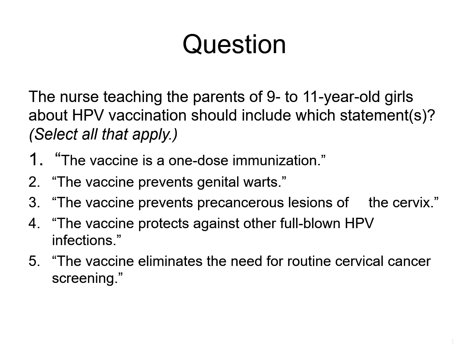The nurse teaching the parents of 7 to 11-year-old girls about HPV vaccination should include which statements? 1. The vaccine is a one-dose immunization. 2. The vaccine prevents genital warts. 3. The vaccine prevents precancerous lesions of the cervix. 4.